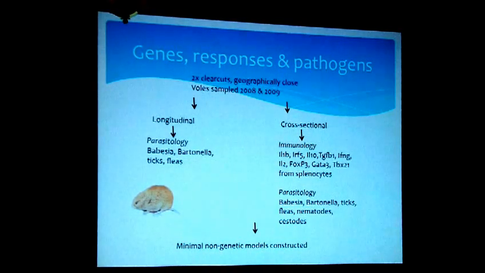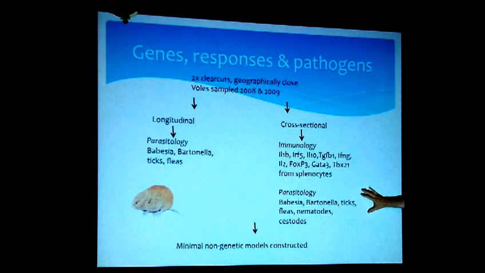So essentially, what we're trying to do in this study, from my perspective, was to see whether we could find genetic diversity in these field voles. And did that genetic diversity, particularly in a bunch of immune genes, affect the types or the strength of immune responses produced from these measures?